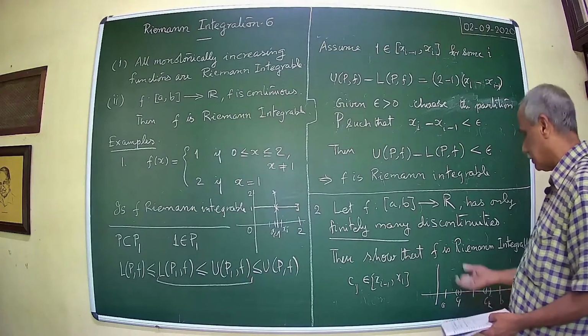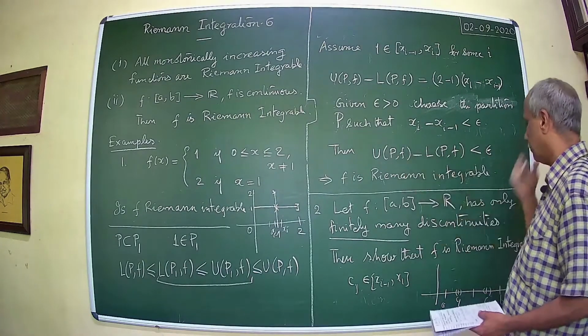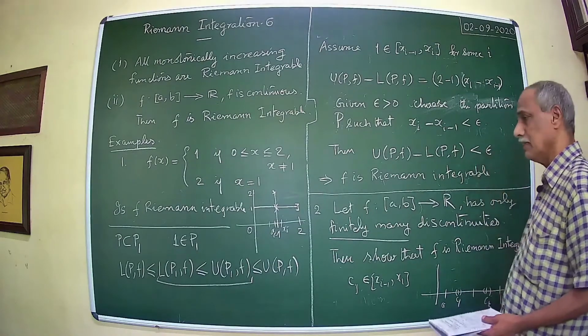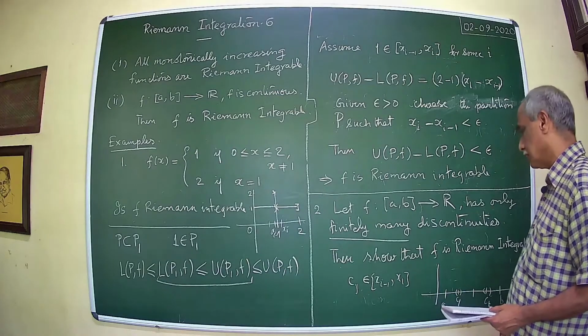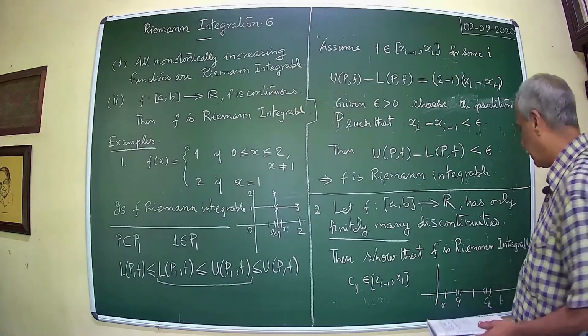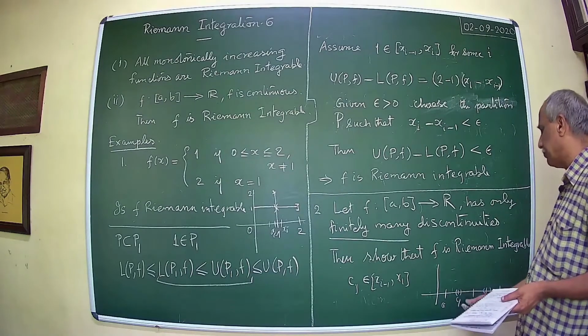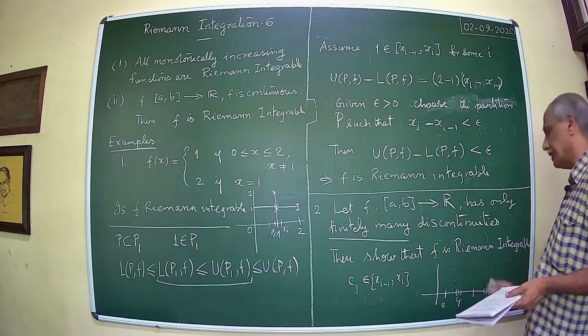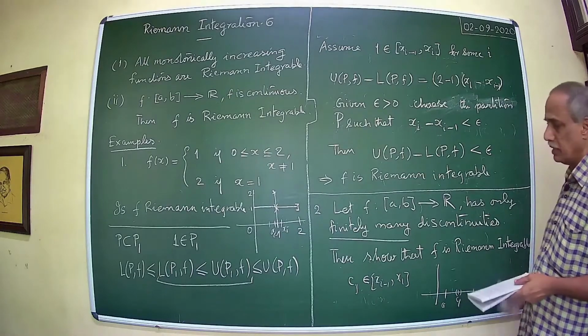Therefore, you can control it in such a way that this particular sum will be less than epsilon for any given epsilon. What you have to do is write down the sum separately for these intervals and separately for the places where it is continuous.